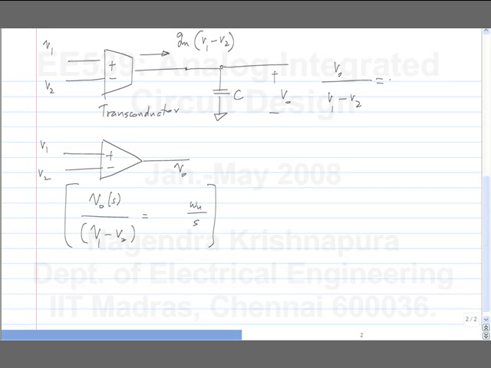It's Gm by SC. So what is the unity gain frequency of this integrator? It's Gm by C, right? It's the proportionality constant that multiplies 1 by S. That's the unity gain frequency. So if we have a transconductor, we can get the block that we need for our feedback system by loading it with a capacitor.